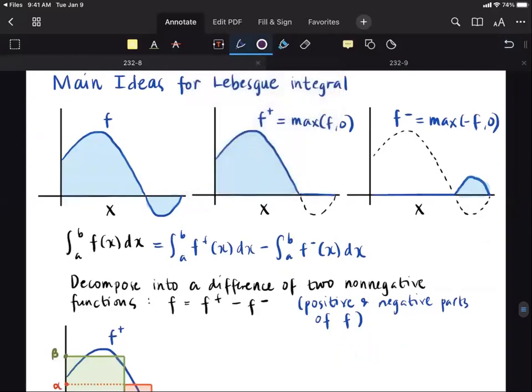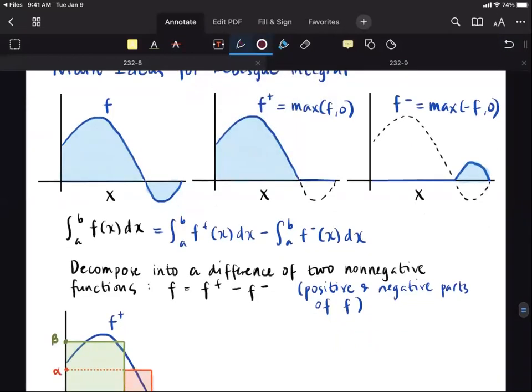In any case, both of these require the definition of the integral, the Lebesgue integral, for non-negative functions.